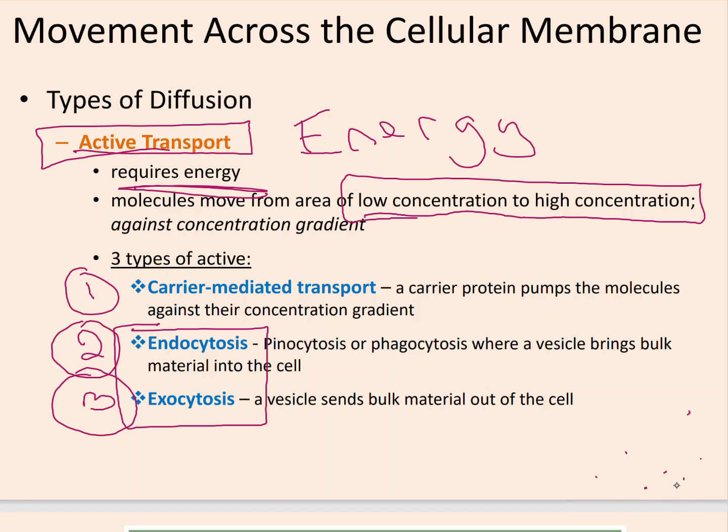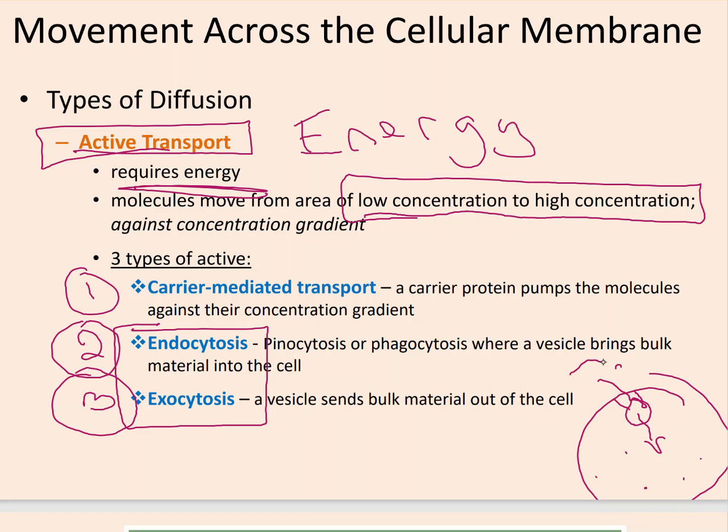They can't fit via facilitated diffusion either, because the space is just too big even for a protein sitting inside the membrane. So instead, part of the plasma membrane can engulf a large quantity of substances with something called a vesicle to bring it into the cell.